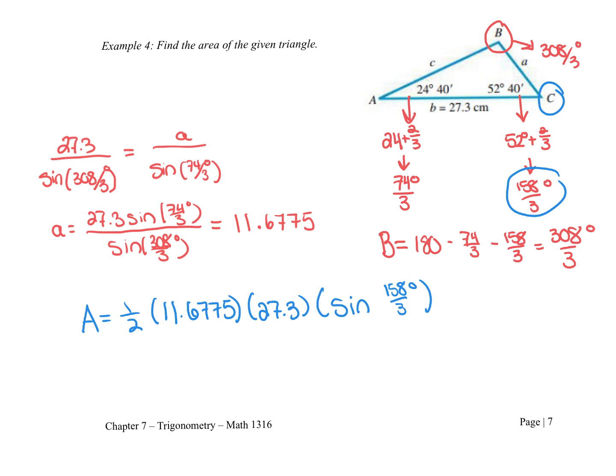Make sure your calculator's in degrees. 3 sig figs. So, pipe it in. You should get 127. This was in centimeters, so centimeters squared. There's your final answer. A little bit tedious as far as typing in numbers, but a relatively straightforward section.